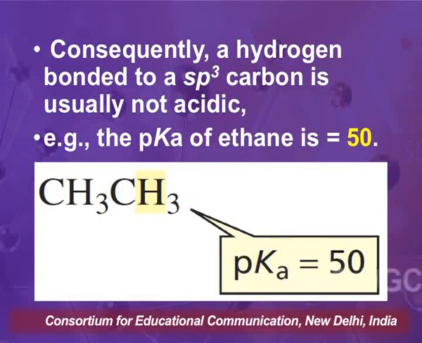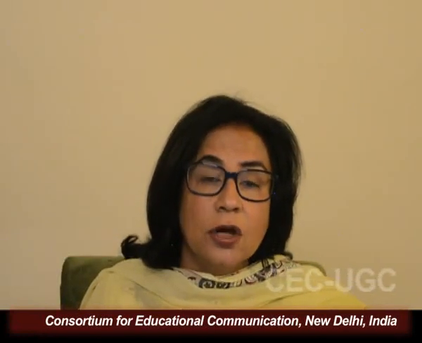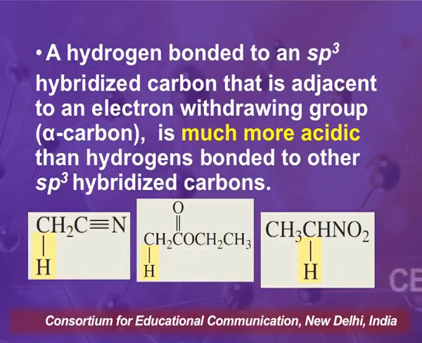On the other hand, if hydrogen is bonded to an sp3 hybridized carbon that is adjacent to an electron withdrawing group, then that hydrogen is acidic in nature, or it is more acidic than hydrogens which are bonded to other sp3 hybridized carbons.